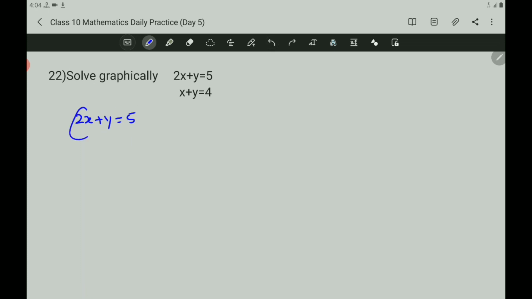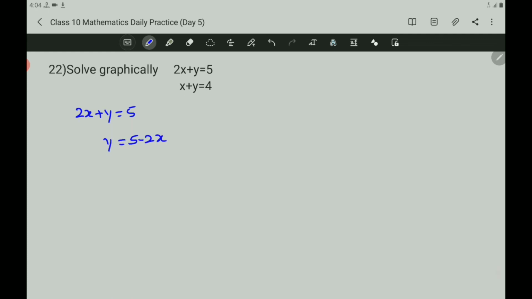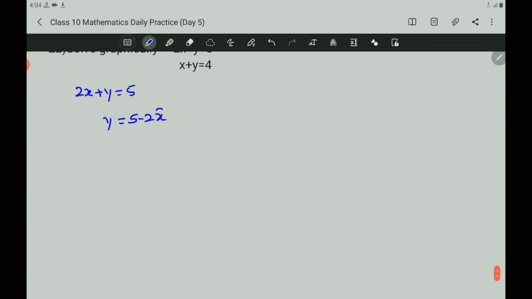So you transfer this 2x to the RHS. Here you will get y equals 5 minus 2x. Now you take convenient values for x and get the related values for y. So let us take x equals 0, 1, 2, whatever you want.